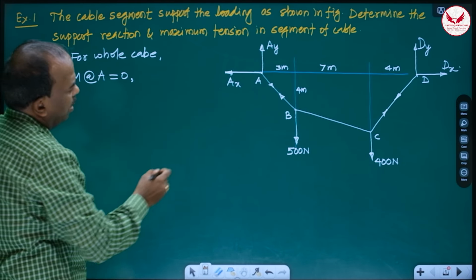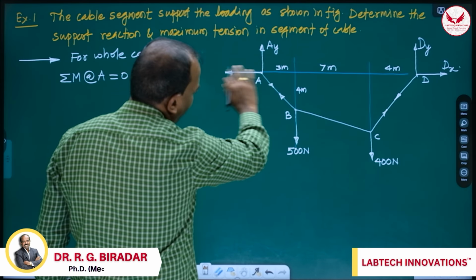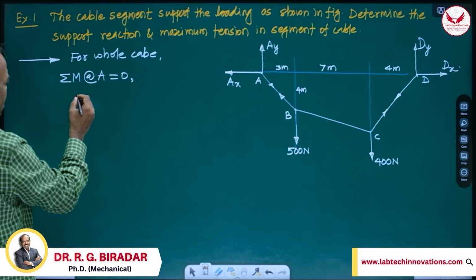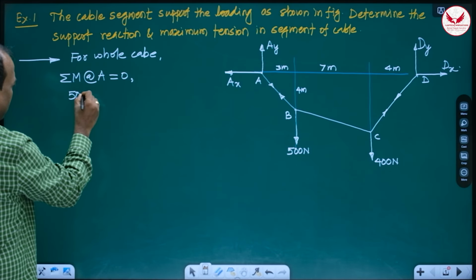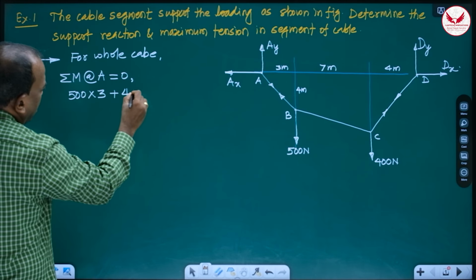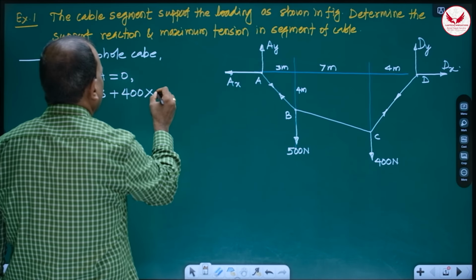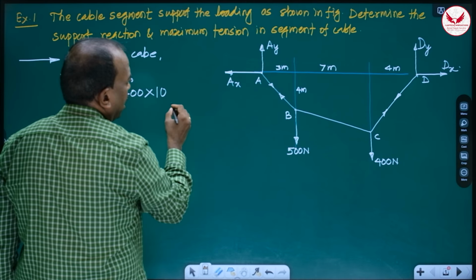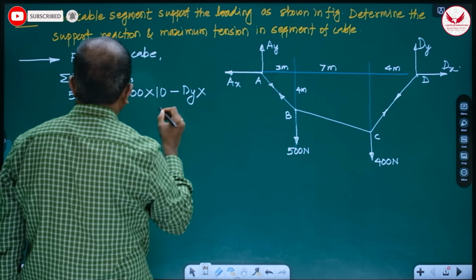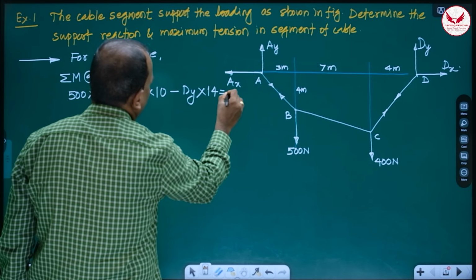Because of this, at A, AX and AY, and even DX, which is passing through A, give zero moment. Then the moment of 500 about A is going to be clockwise: 500 into 3 plus 400 into 7 plus 3, that is 10, minus DY into 14, equal to 0.